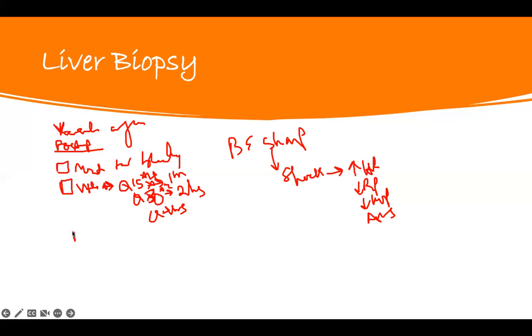The key thing is to prevent bleeding. We stick the liver, we put a needle through the liver, and we want to prevent hemorrhage. So your board examiner, initially when you do the procedure, you let them lay on their back. But after the procedure, the examiner wants you to know how to prevent bleeding. So they will ask you questions.